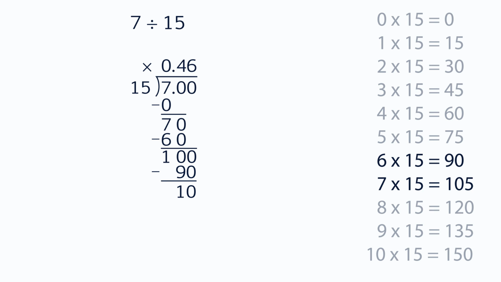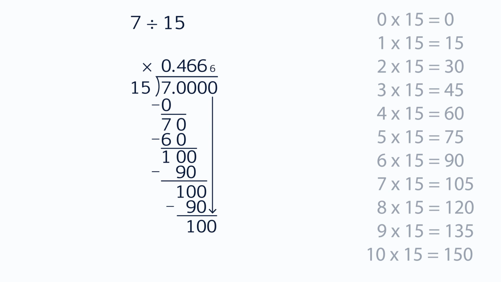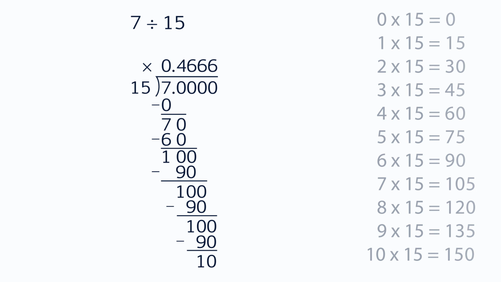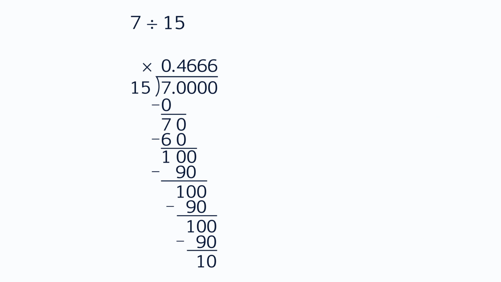As long as the remainder does not equal 0, you can continue this process by adding another 0 to pull down for as long as you want to. But we suggest you stop after 2 or 3 decimals, unless you were told different. The answer to your division problem, 7 divided by 15, is about equal to 0.4666 because you decided to stop.